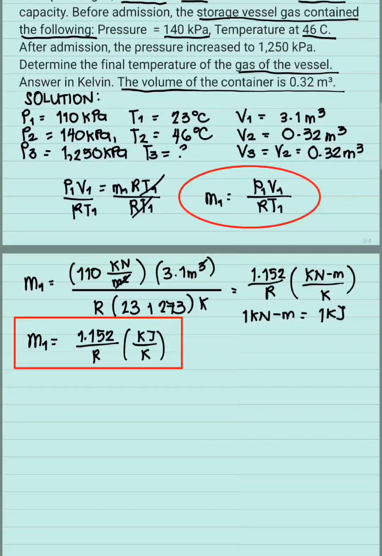So now let's proceed to the second condition, which is the properties of the gas inside the vessel. So we can utilize the ideal gas equation, which is P2V2 is equal to M2RT2. So we can get the mass as M2 is equal to P2V2 over RT2, just like earlier.